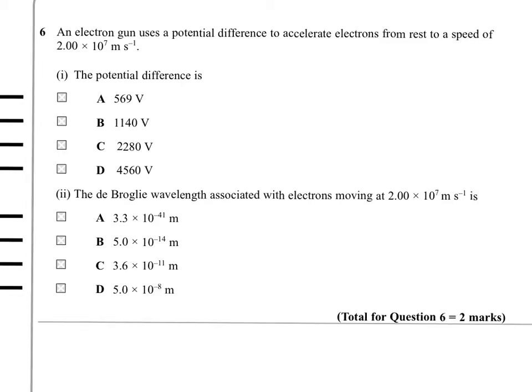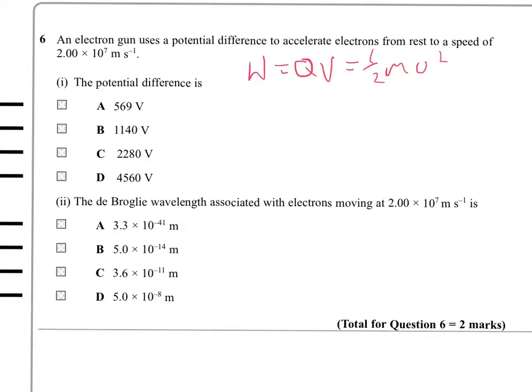Question 6 then, an electron gun uses a potential difference to accelerate electrons from rest to a speed of 2 times 10 to the 7 meters per second. Potential difference is how much? So the electrical work done on the particle will be Q times V, and that will be equal to half mv squared. We're reasonably below the speed of light, so we shouldn't have to mess about with anything else.